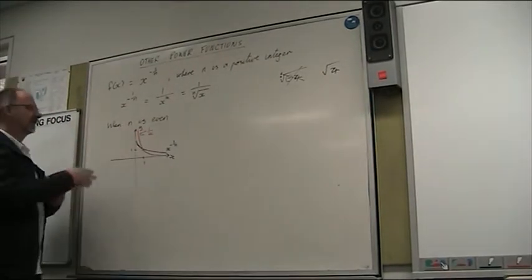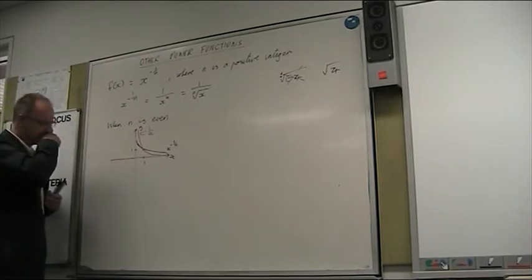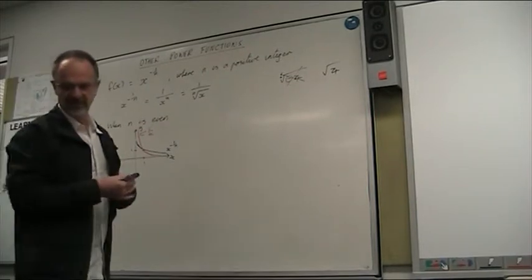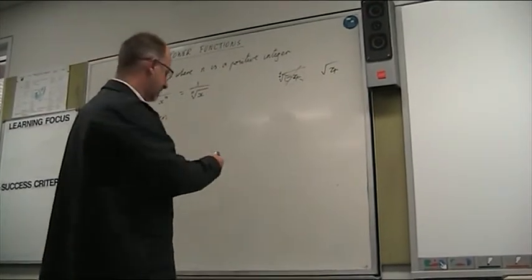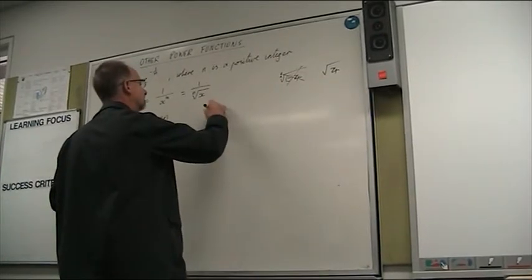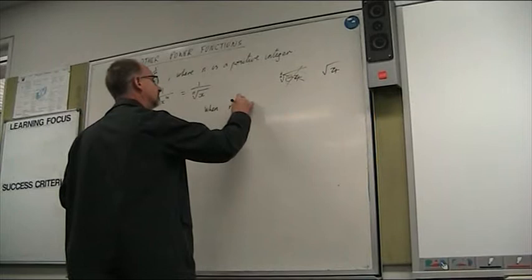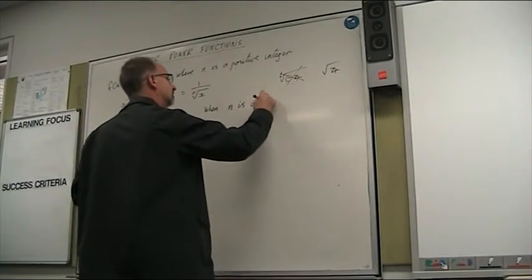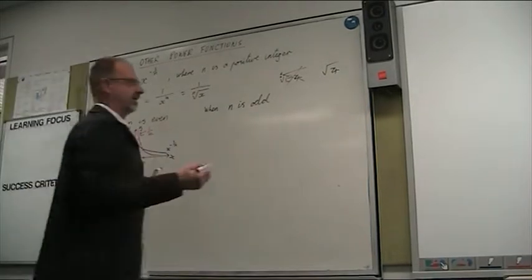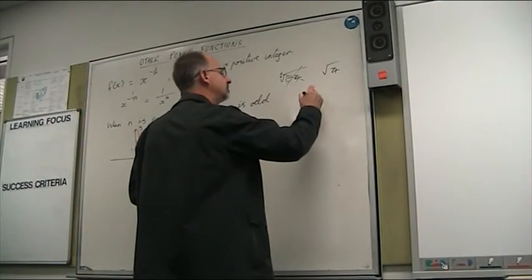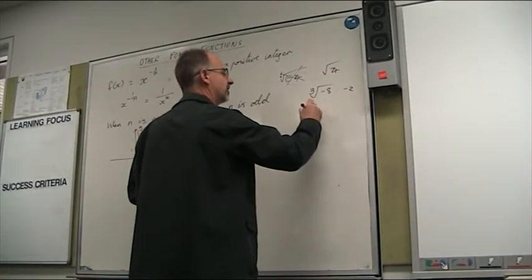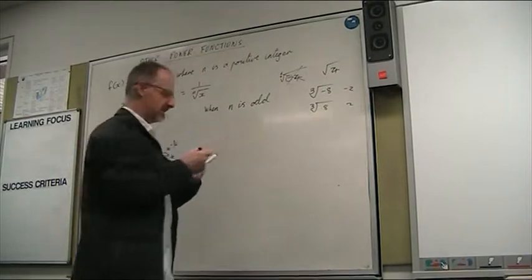Now, when n is odd, we can have it here and here. So for odd roots, the cubed root of -8 is -2. Cubed root of 8 is 2.